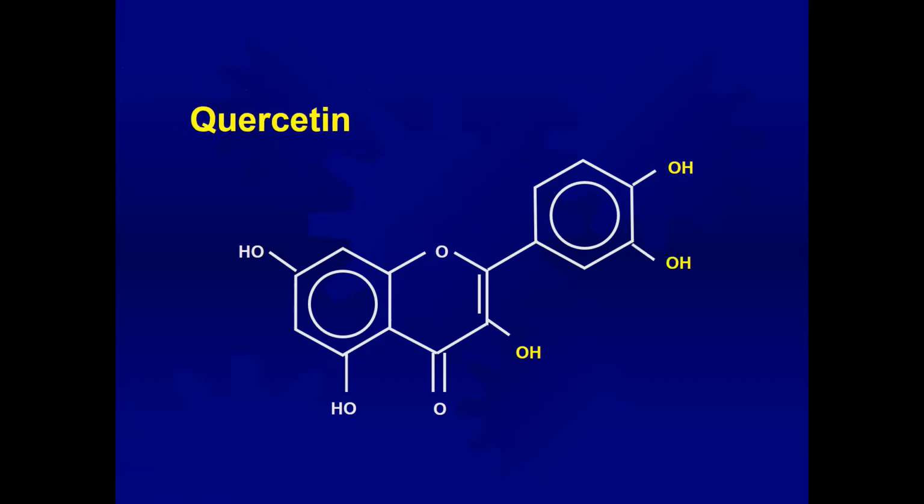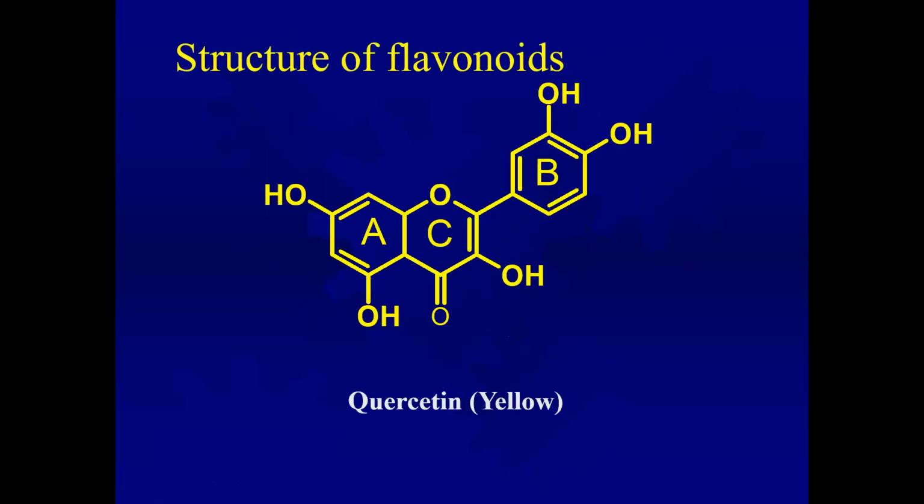Then here you can see quercetin, just 1 more hydroxyl in the 3 prime position, and then another at the 5 prime position, myricetin. So these are the structural variabilities, and due to them, they are functionally also diverse.